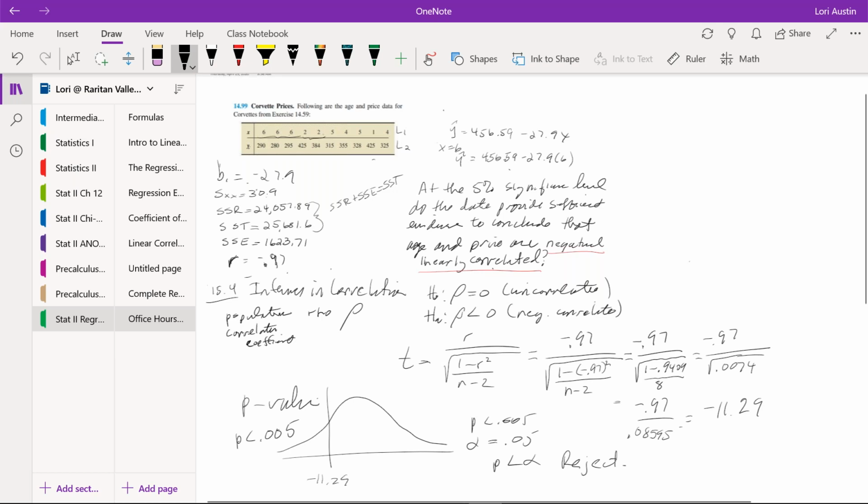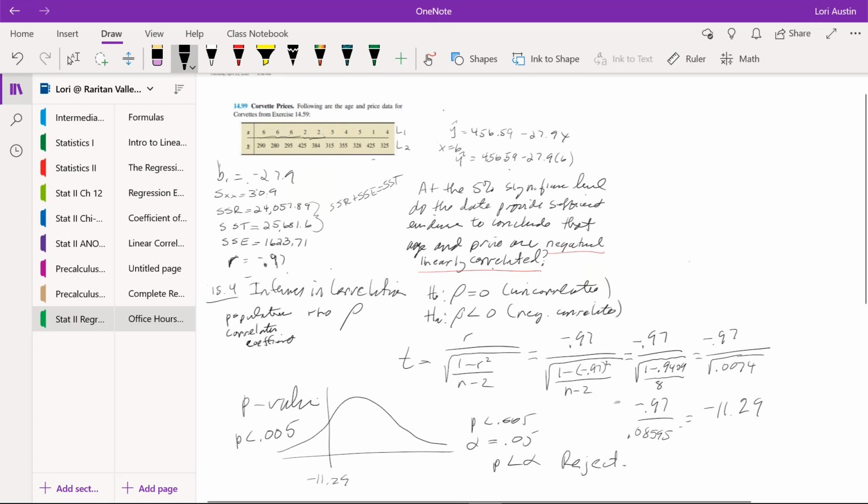Now, both of these tests can be completed in a graphing calculator. What you would have to do is put the list of data into your lists on the calculator, like L1 as your X's, L2 as your Y's.